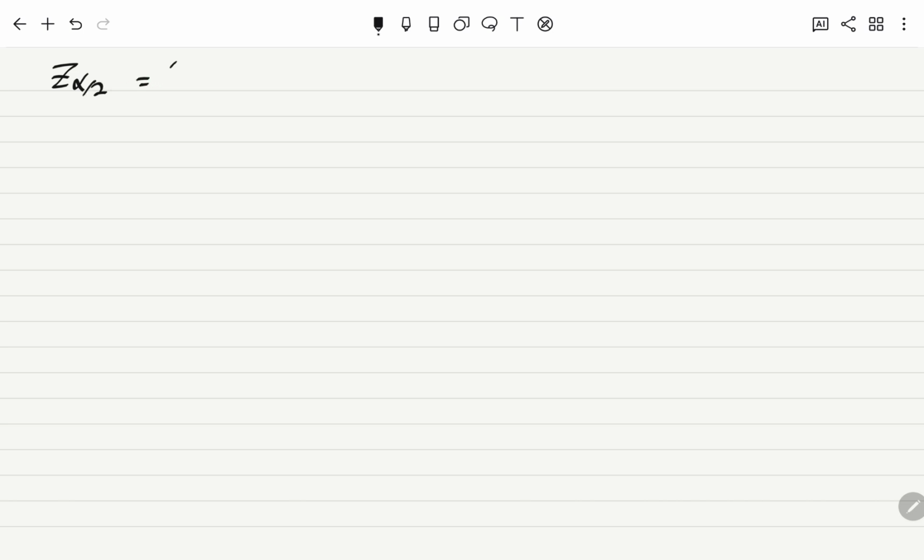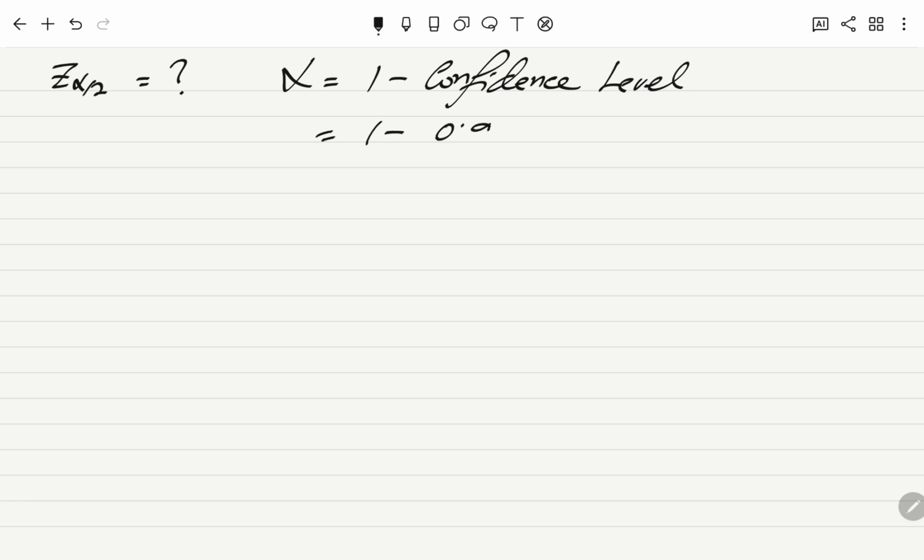So we need to find z of alpha over 2. And alpha is given by 1 minus the confidence level. So that's going to be 1 minus 0.95, which is 0.05. And if I want to do alpha over 2, that's going to be 0.05 over 2, and that's 0.025. So now we're going to go to the table and find the corresponding z-score for a probability of 0.025.